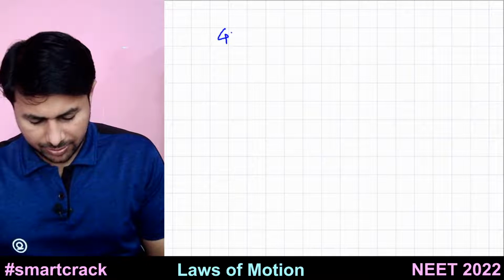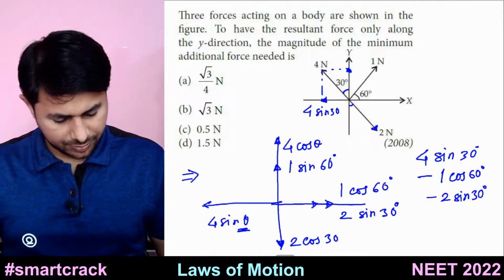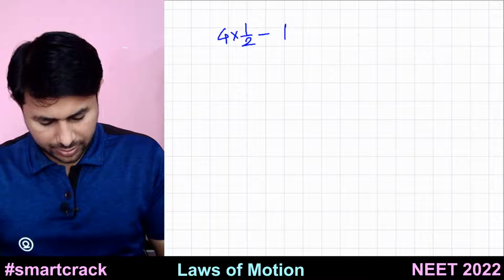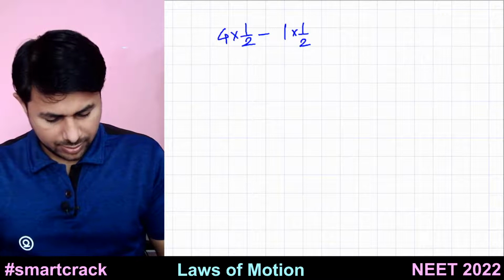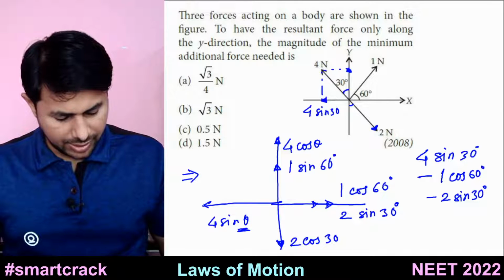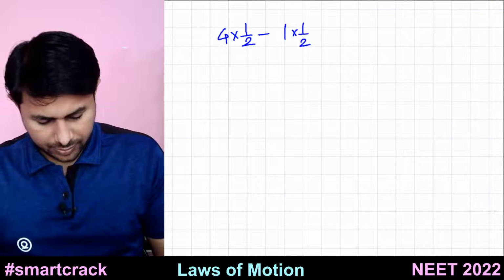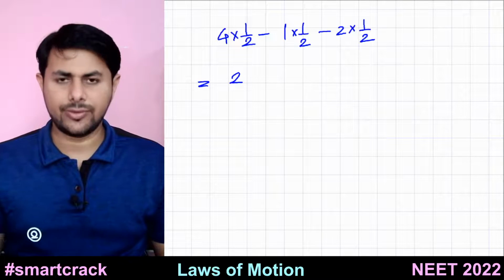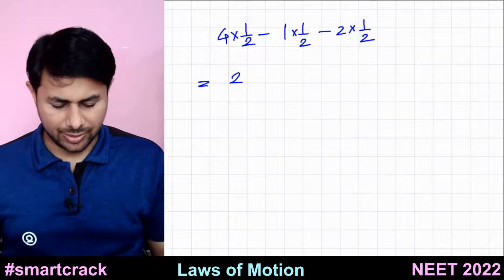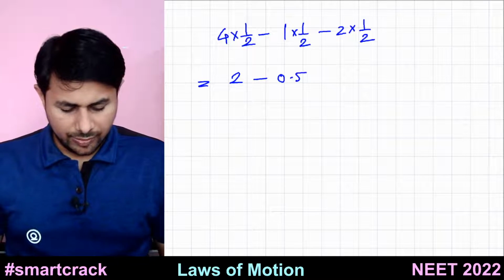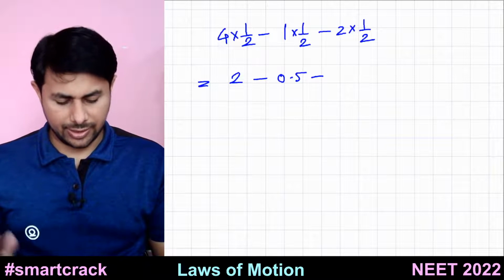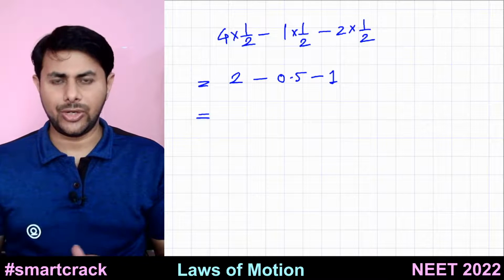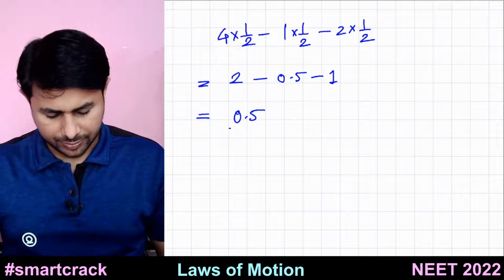So 4 by 2 is 2, and 1 into half is 0.5, minus 2 times half is 1, so it is 2 minus 1.5, which should be 0.5, right?